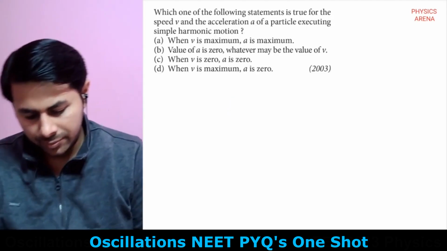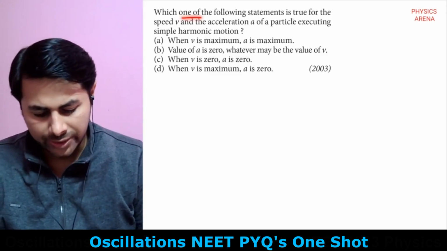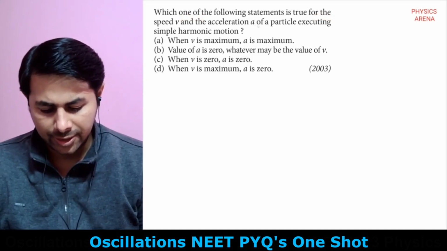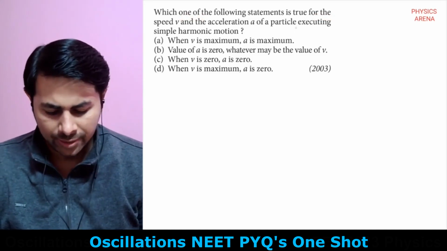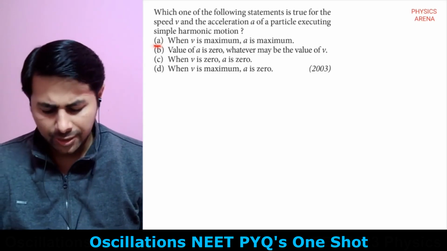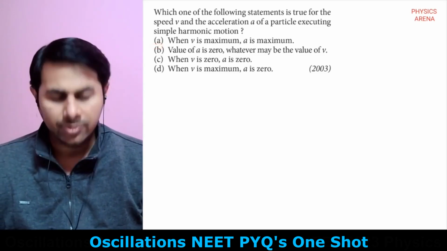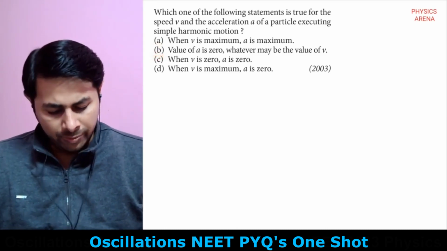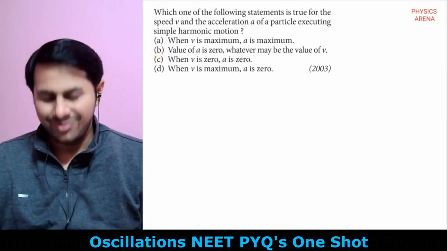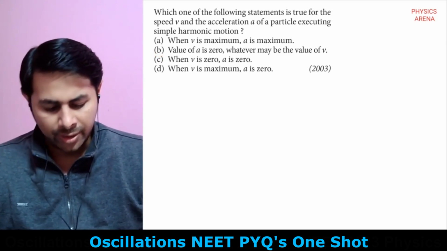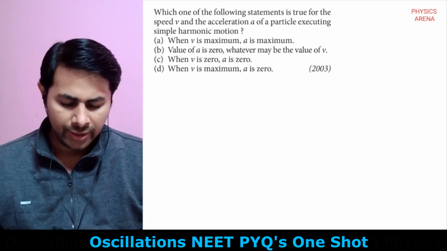Next question. Which one of the following statements is true for the speed v and the acceleration a of a particle executing simple harmonic motion? Option A, when v is maximum, a is maximum. Option B, value of a is 0 whatever may be the value of v.